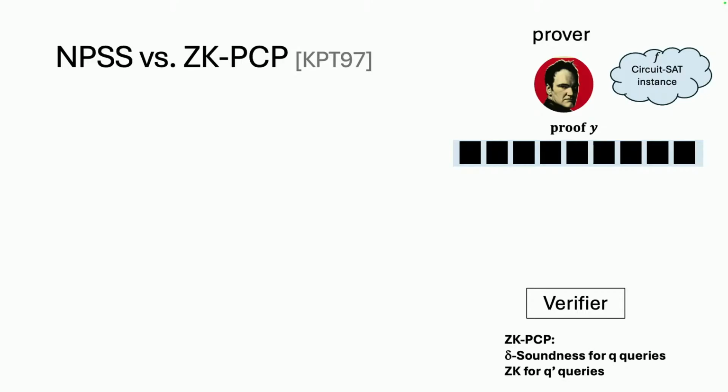Good. So NPSS versus zero-knowledge PCPs. Let's keep this for the end because I have more important things to say. But let me say that you can think about these two objects in the same framework. This is for the people who are familiar with zero-knowledge PCPs; other people can skip it, it's not super important.